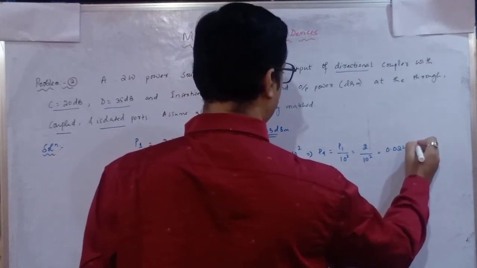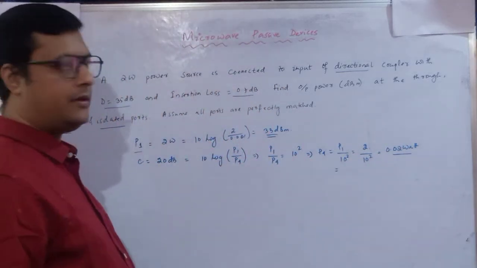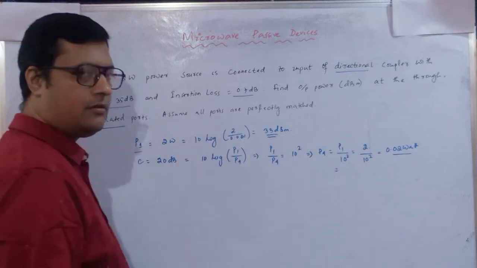So we will get around 0.02 watt. Now this 0.02 watt you need to convert into dB, because the power P1 you have converted into dB.